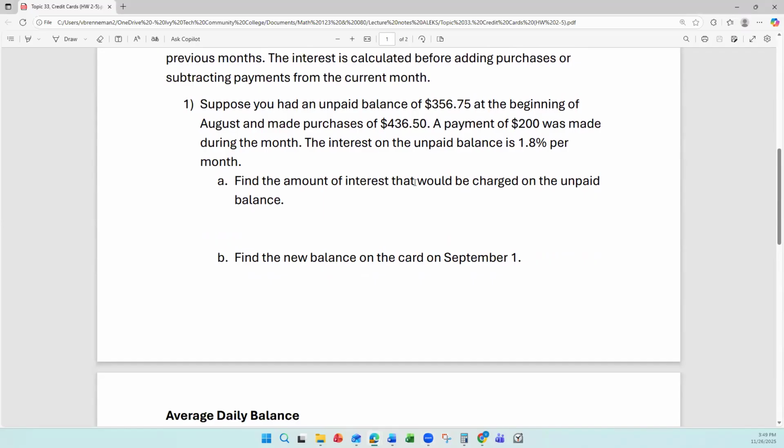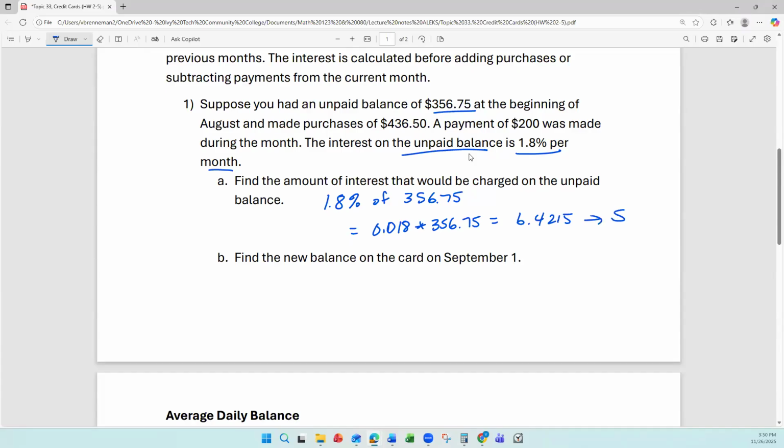Unpaid balance of $356.75 with an interest on the unpaid balance at 1.8% per month means the amount of interest is going to be 1.8% of $356.75, which is 0.018 times 356.75, which is 6.4215, which will round to the nearest cent, $6.42.